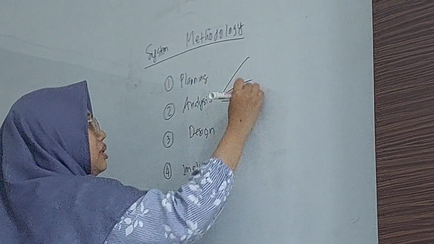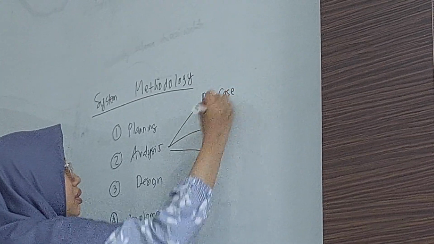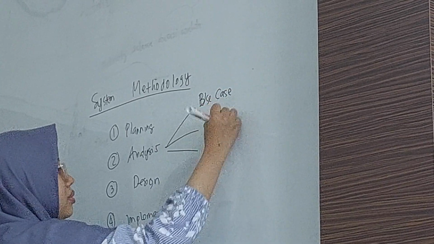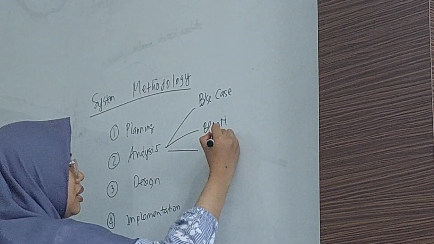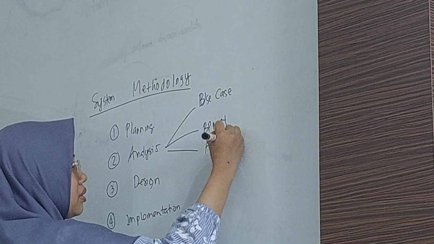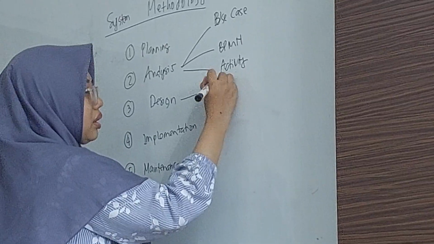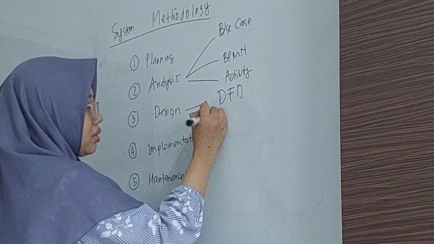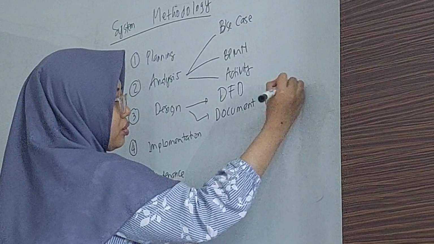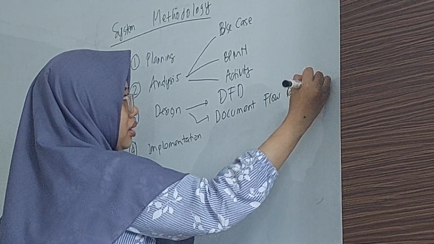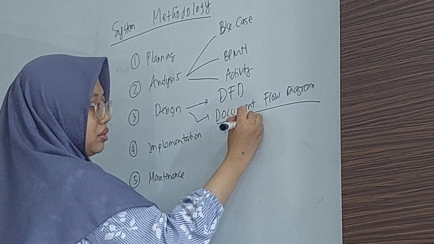In analysis, we do some use case, and then criteria. And for the design, we design by DFD. Or some literature they call it flowchart.